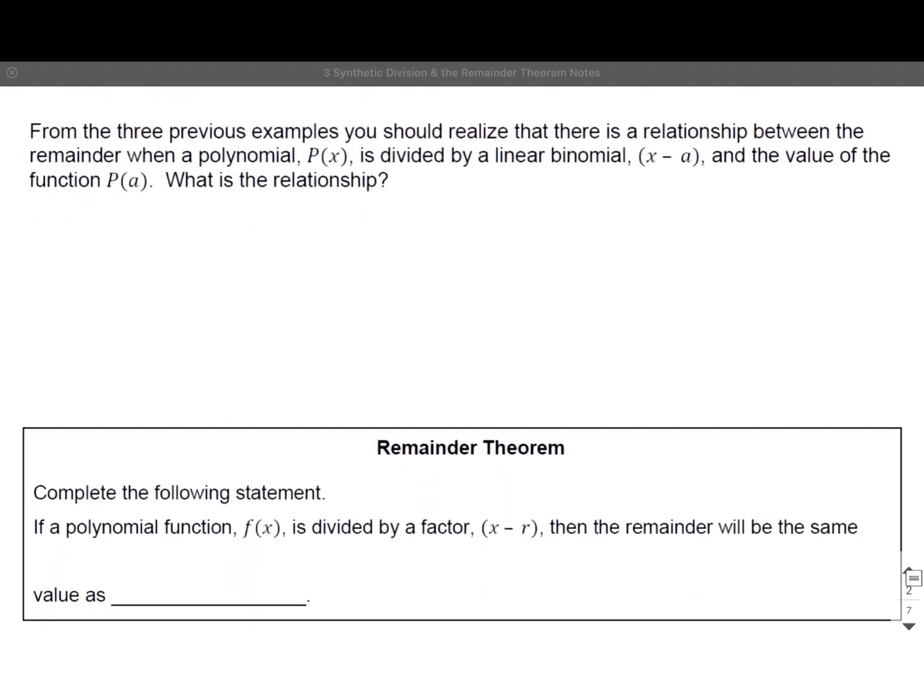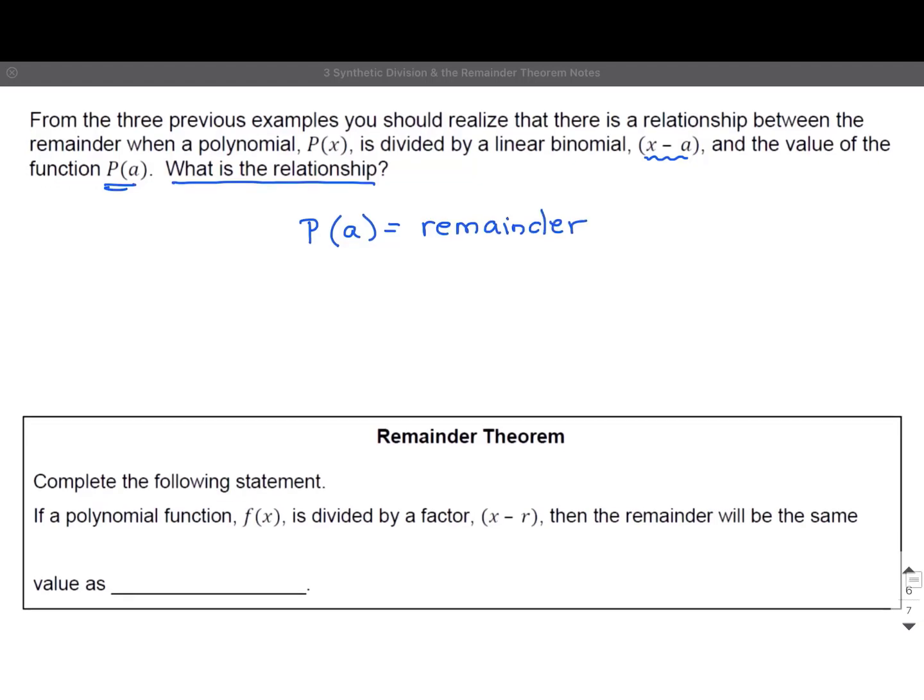So what does that mean for us? It means if we take the root of our divisor, which in this case is a, and we plug it into the dividend, p of x, we are going to get the remainder for the division.